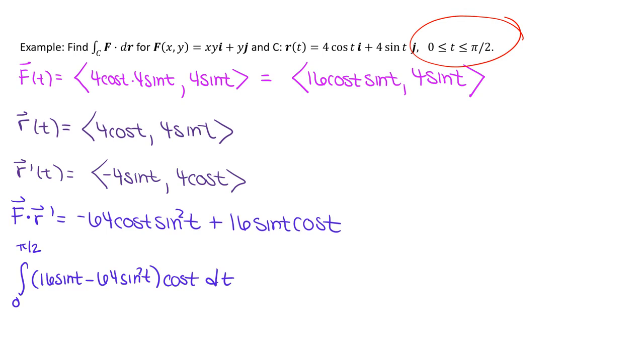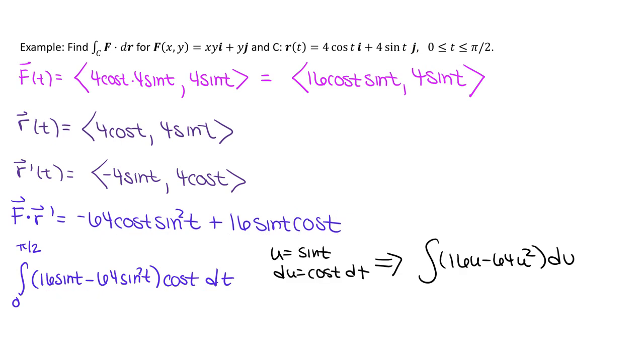To help me with this integration, I did a little bit of factoring here. I noticed that both of these terms had a cosine t in it, and so I just factored out the cosine t, and then I was left with negative 64 sine squared t and 16 sine t.